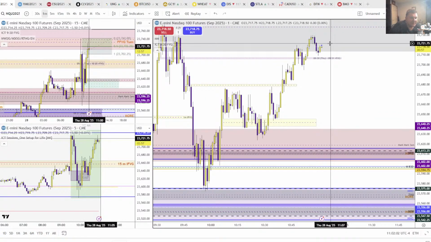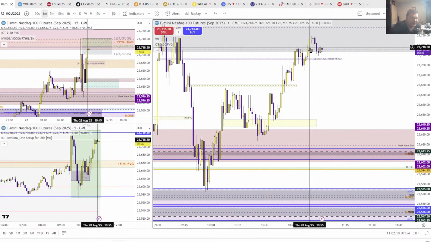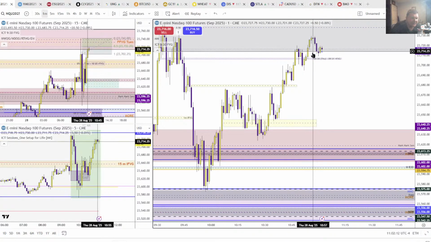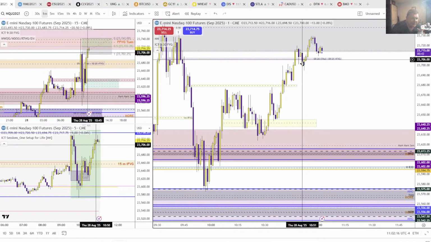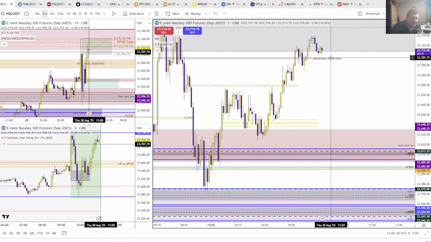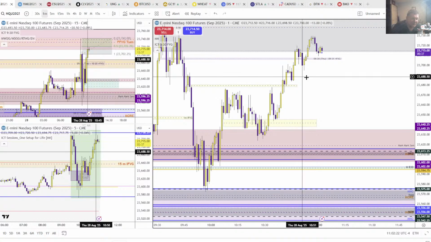Watch at 722. 720 to 722, you have to include the imbalance. All of this, it's got to close below this level and below this first presentation fair value gap to start thinking about running for a market structure shift.